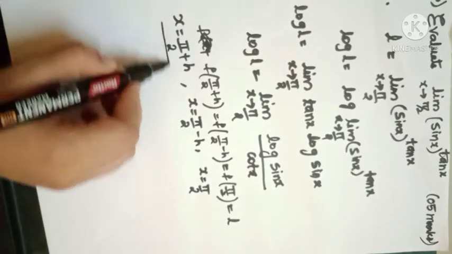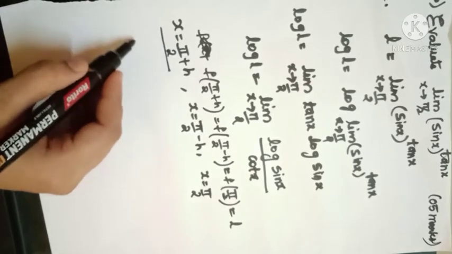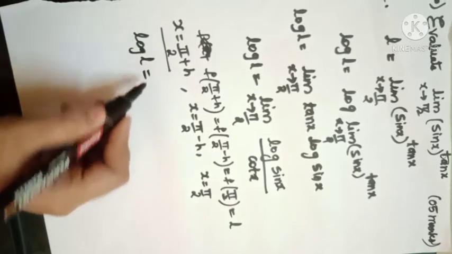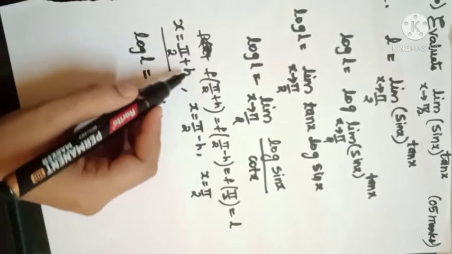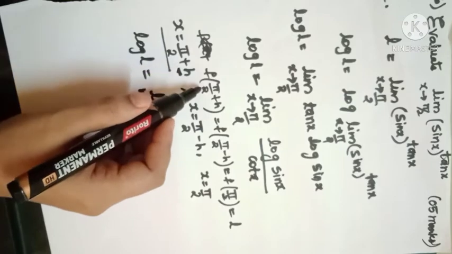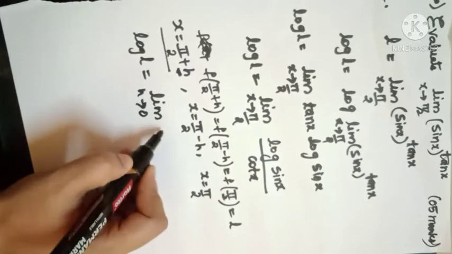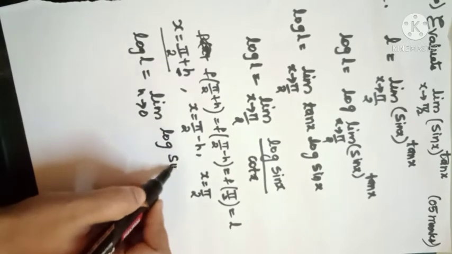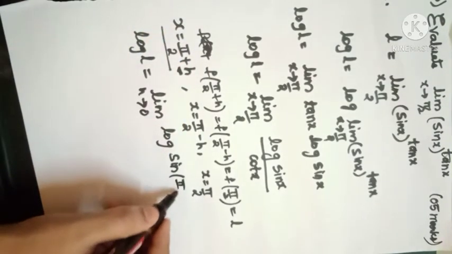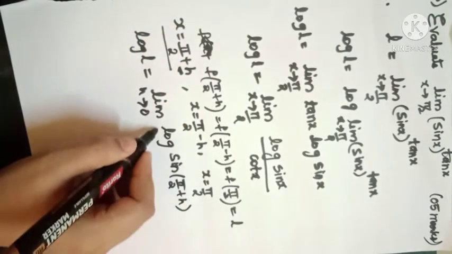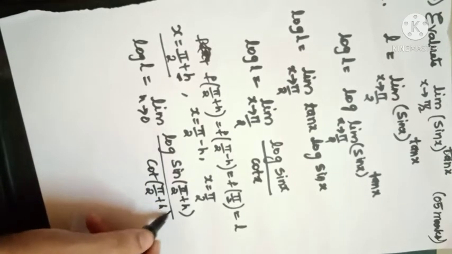So first, put x is equal to pi by 2 plus h. Then log L is the limit as h tends to 0, h being a small quantity, of log sin (pi by 2 plus h) divided by cot (pi by 2 plus h).